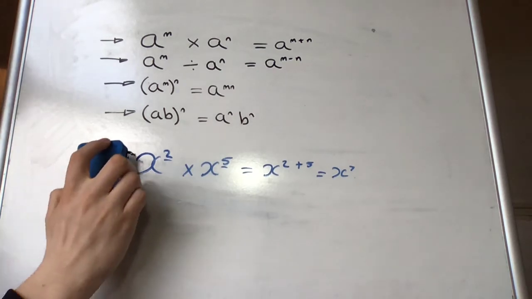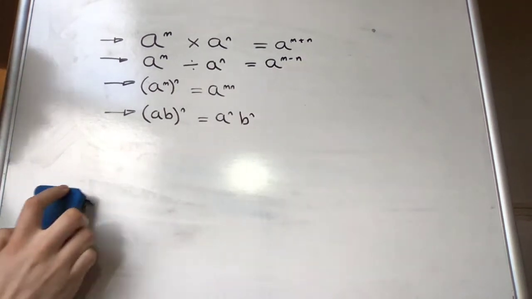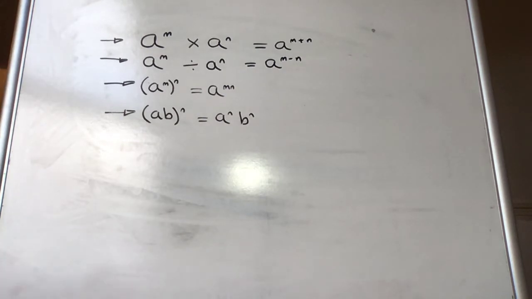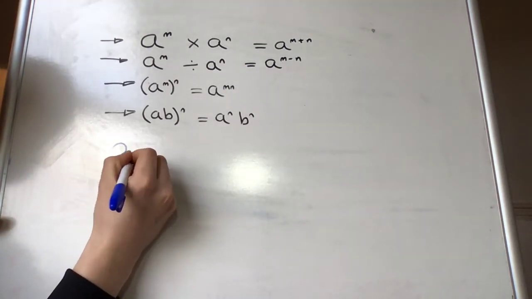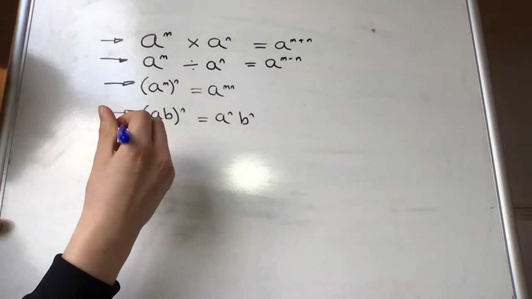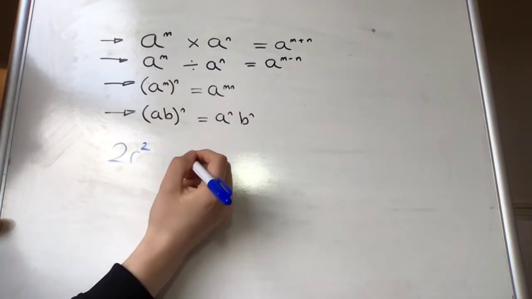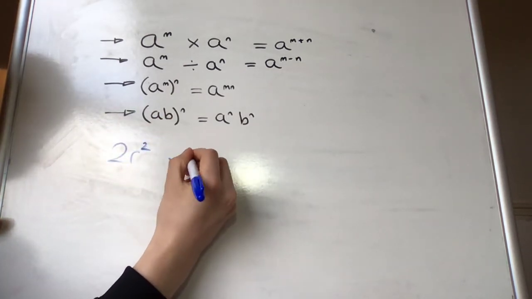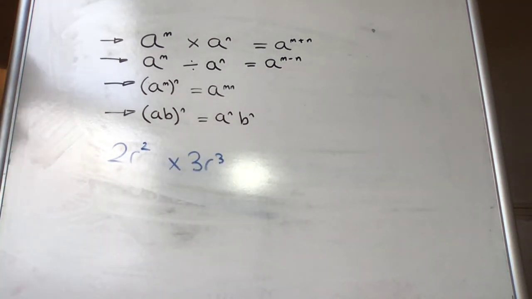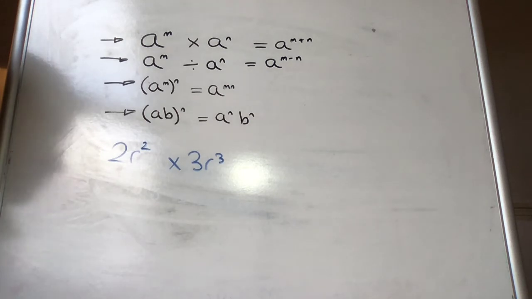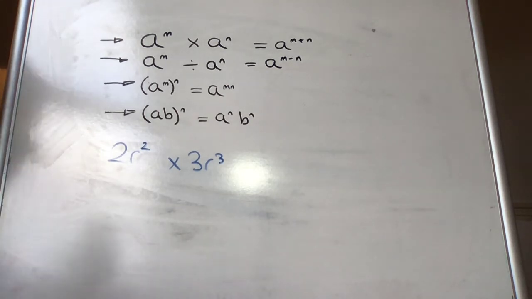Okay, let's try another one. I'm going to make them increasingly more complex so that you can really understand how this works. Let's say we've got 2r to the power of 2 times 3r cubed. How do you think this one would be done? We want to rewrite the expression with the numbers together and the r terms together.